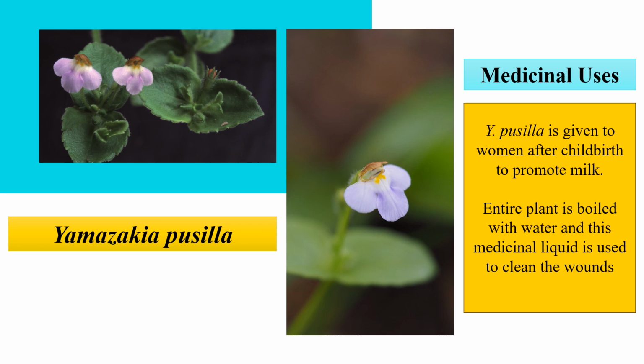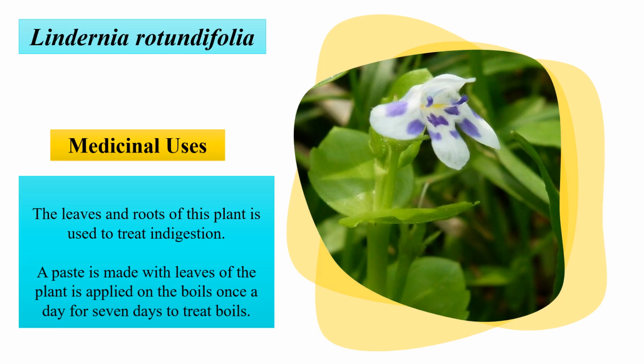Medicinally, Lindernia pusilla is given to women after childbirth to promote milk production, and the entire plant is boiled with water, and this medicinal liquid is used to clean wounds and cuts.